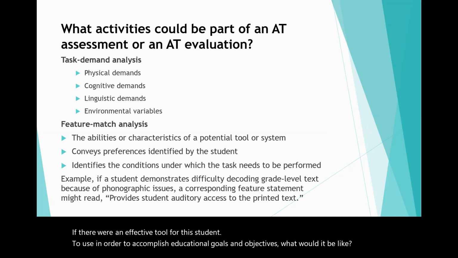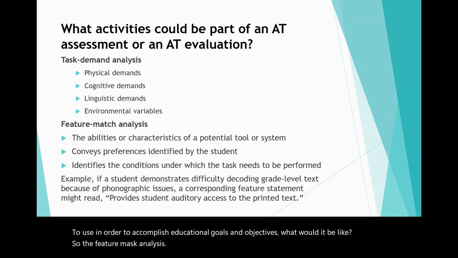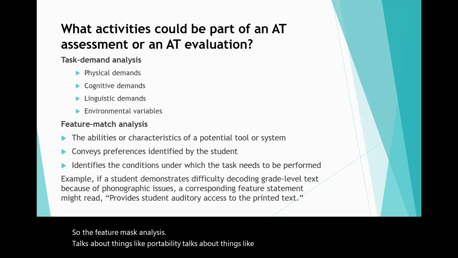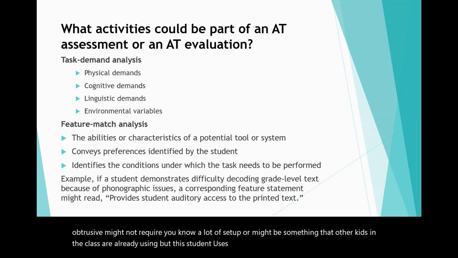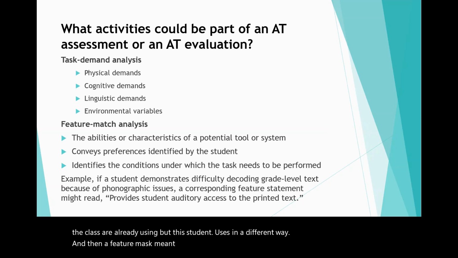So the feature match analysis talks about things like portability, talks about things like the assistive technology might not be obtrusive, might not require a lot of setup, or might be something that other kids in the class are already using, but this student uses in a different way.